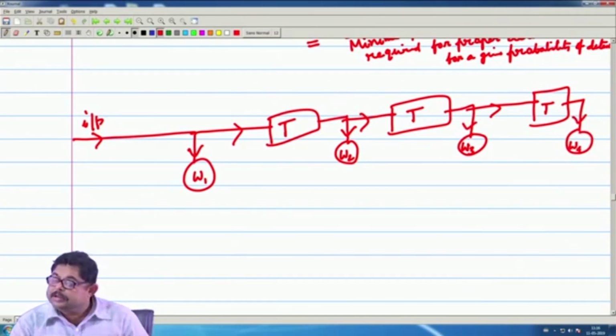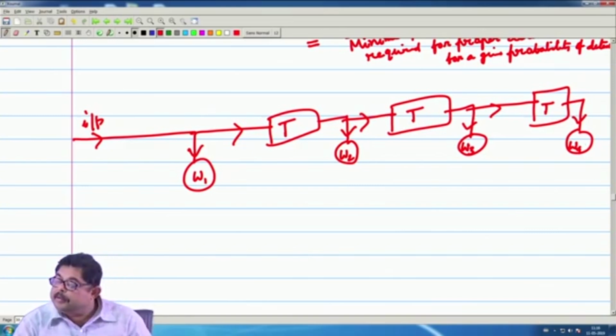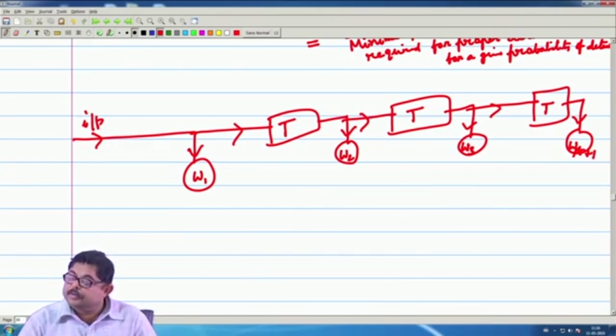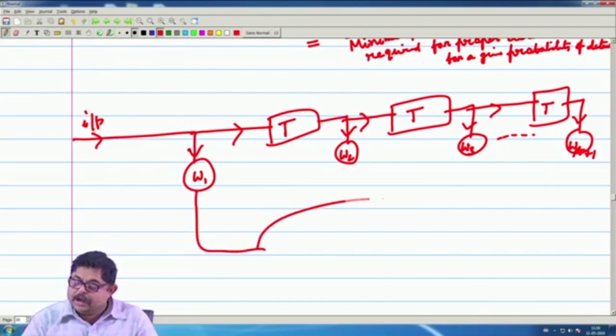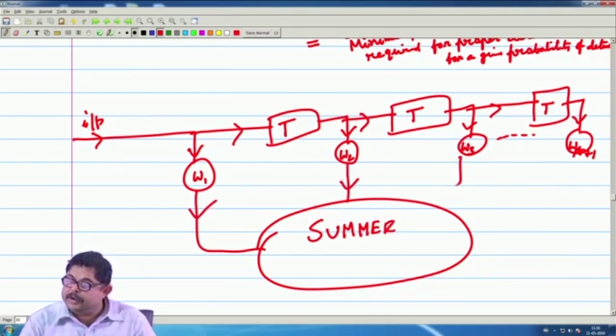If this is the last one, with an n stage tap delay, then the final weight will be n plus 1. All these are connected to a summer.